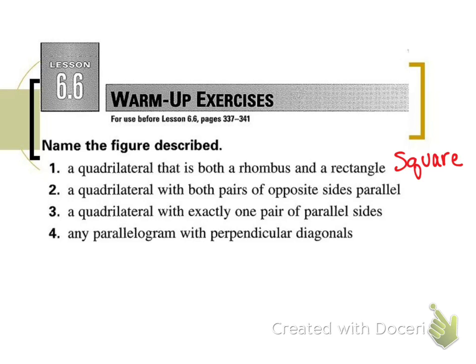We don't know anything about the angles being 90 degrees. If all we know is that opposite sides are parallel, what does that describe? A parallelogram. If it were a rhombus, we would also know that the sides are all four congruent. I'm just going to put the little parallelogram symbol.